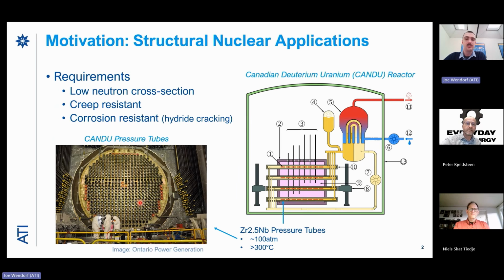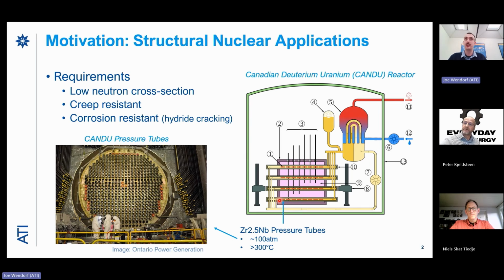So the problem is when you have your fuel bundle inside this pressure tube, you need the water to flow very close to the fuel in order to extract the most heat. If your pressure tube creeps and swells, then the water will take the path of least resistance. It'll flow around the fuel and it won't actually cool it down.